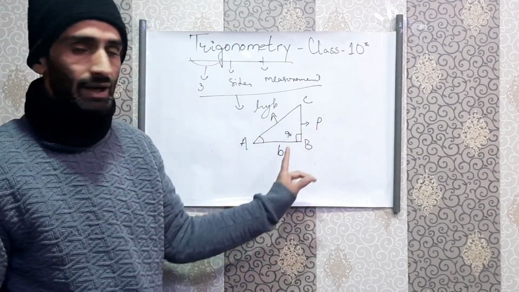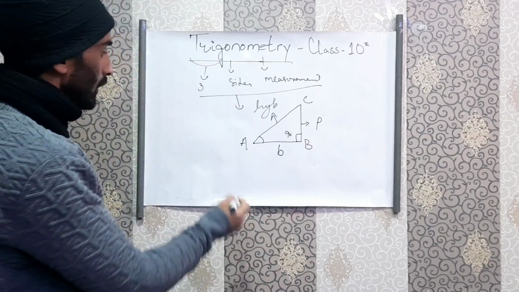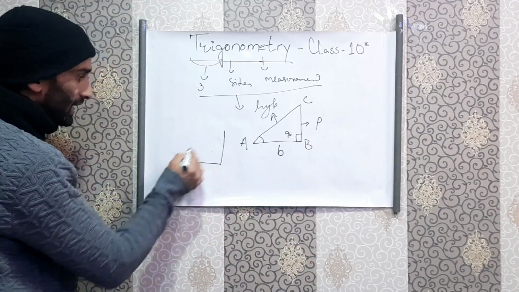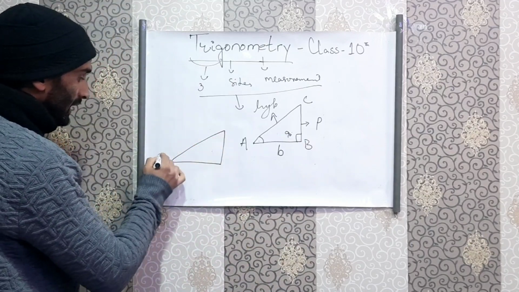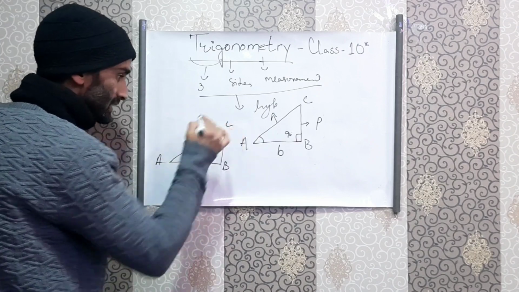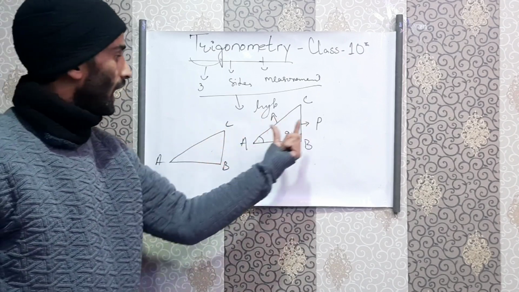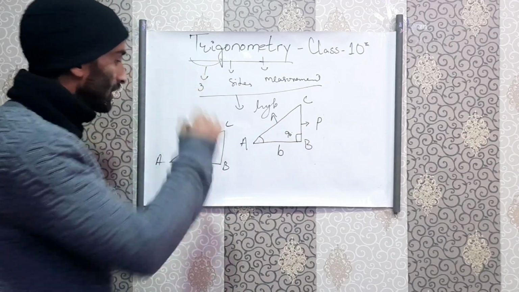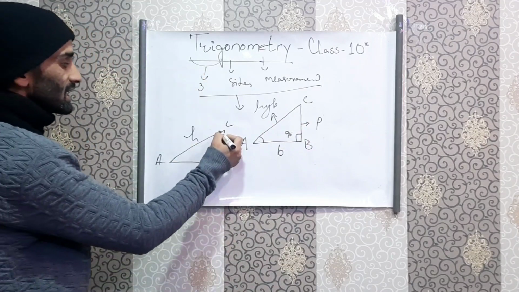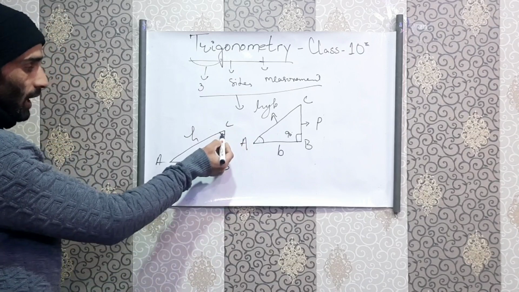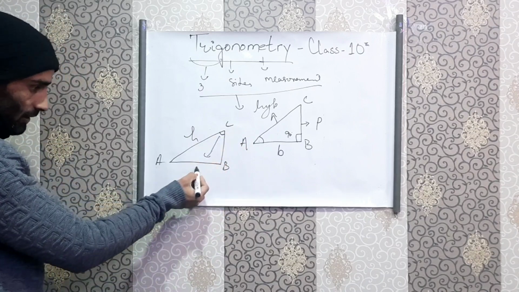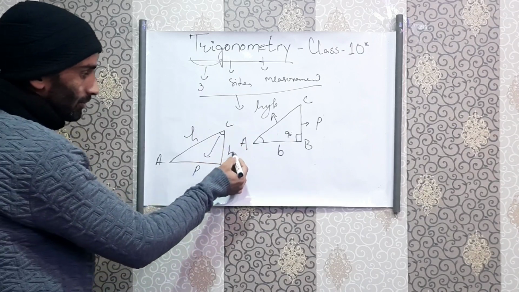Hypotenuse, perpendicular, base. If we draw again a right angled triangle, here A, here B, here C, hypotenuse will remain the same, but if we take this one angle, then the opposite side to it will be the perpendicular, and this one will be the base.